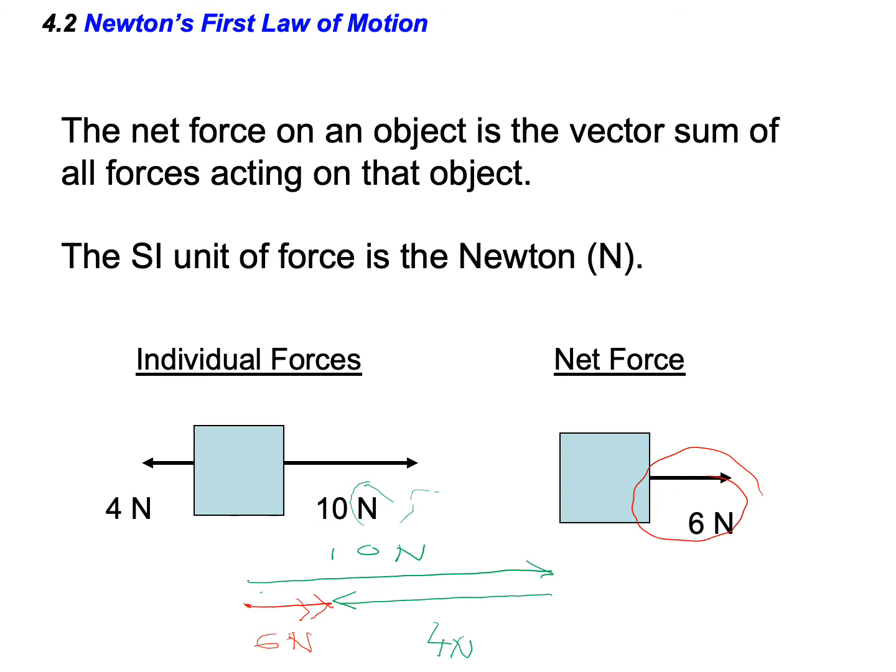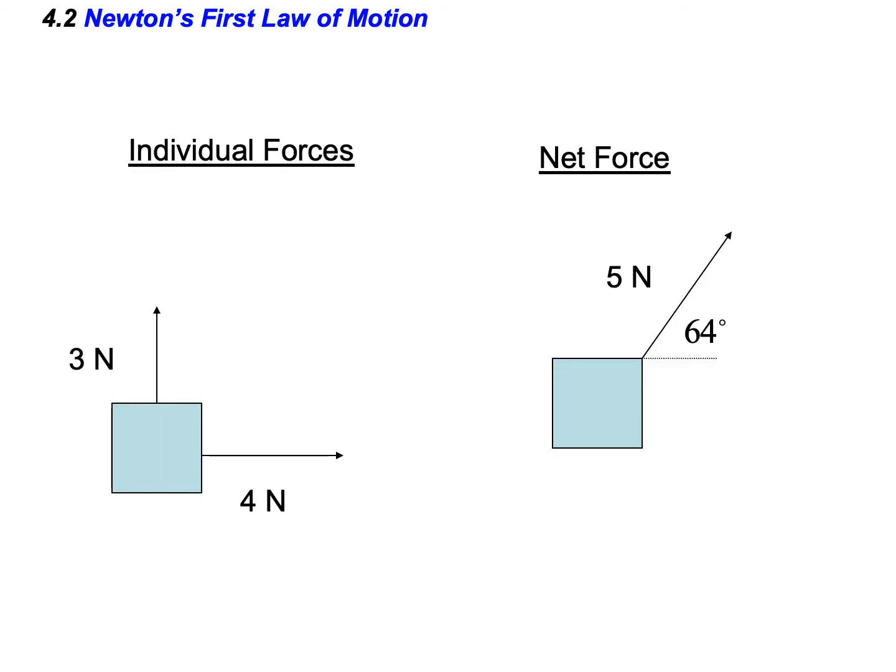We call it net force or resultant force. According to Newton's first law, if an object is at rest, if it is not moving, and there's no net force, it remains at rest. If an object is moving with a constant speed or velocity, if you apply a net force, we can change the state of that motion. Here's the second example of net force.